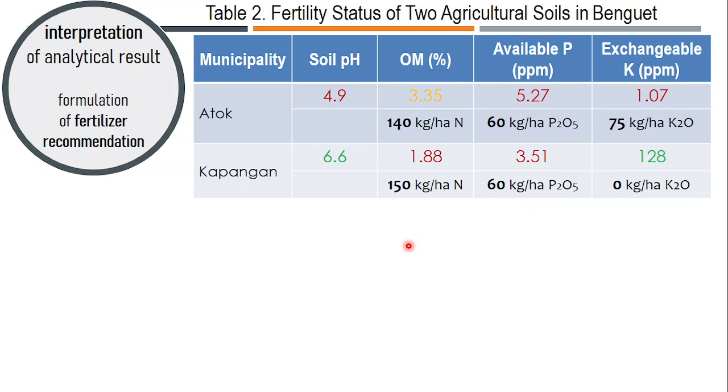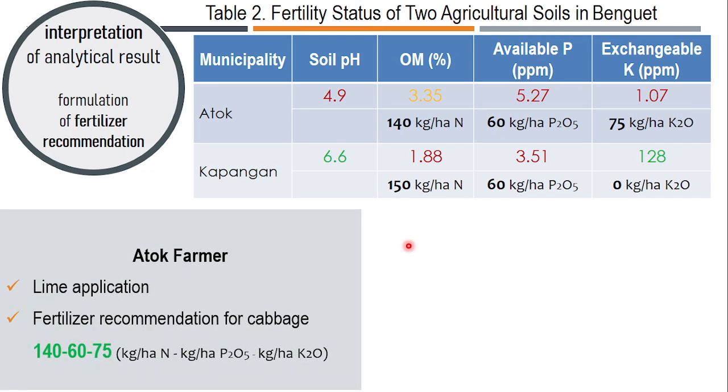Let us summarize now yung ating fertilizer recommendation. Let's start with the Atok farmer. Okay, so yung pH niya is 4.9. It is lower than the range that is required by cabbage, which is 6.0 to 7.5.